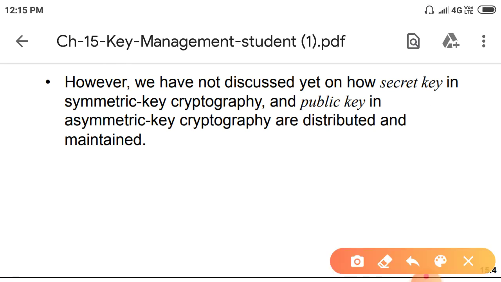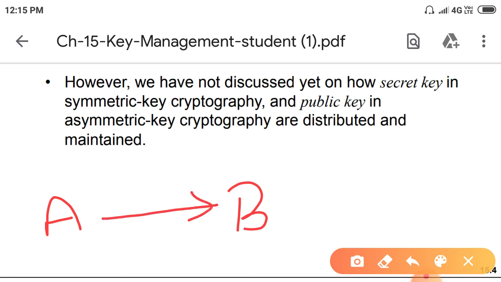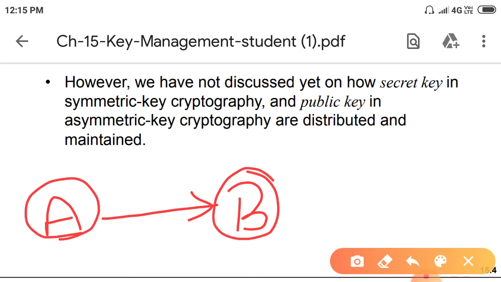In a symmetric key cryptography, to establish a transaction between A and B, we need a secret key.